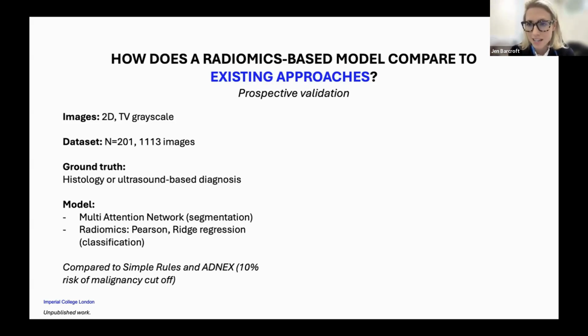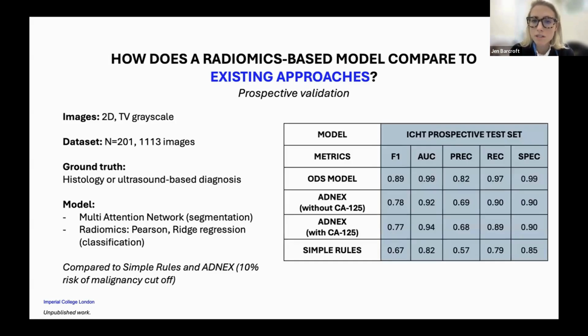Now, ADNEX is fantastic. As I said, it performs very well. But what it relies upon is clinical knowledge to assess the mass, identify features and input that into a model. So it does require expertise.